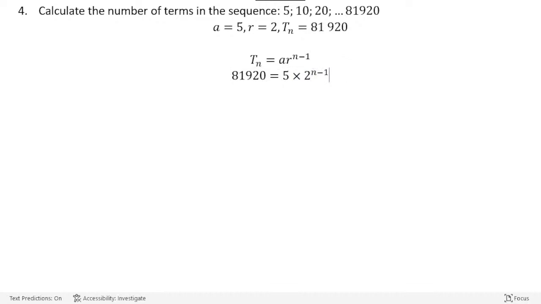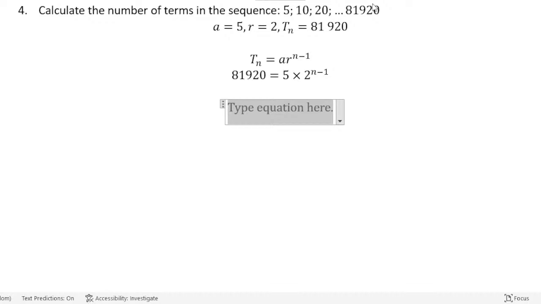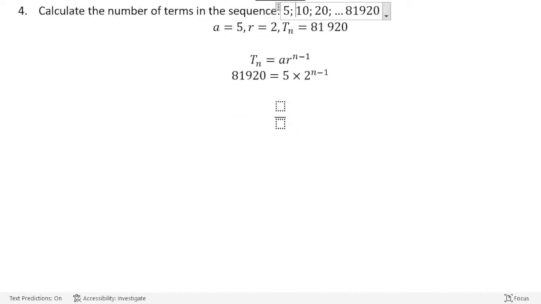So now, remember we're solving for n here. When you are solving, you are free to divide, to multiply, just to remove the coefficients. So it's going to be 81,920 divided by 5.